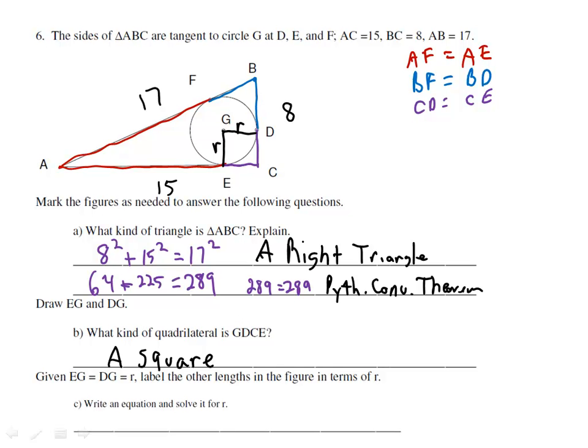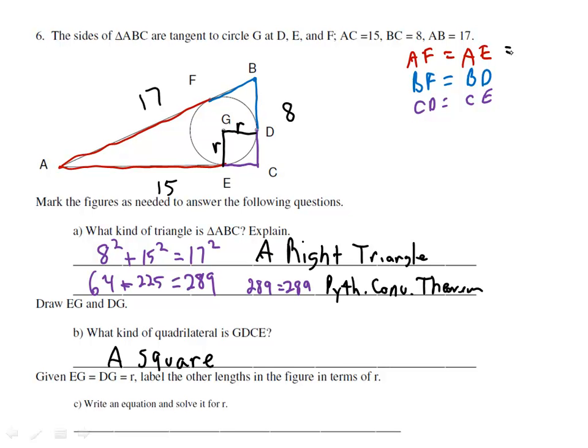Now they want us to write an equation and solve it for R. Now this is where people get lost. Most times people can follow all the way through here, but here's where people get lost, because you need to take the time to figure out how to describe these.